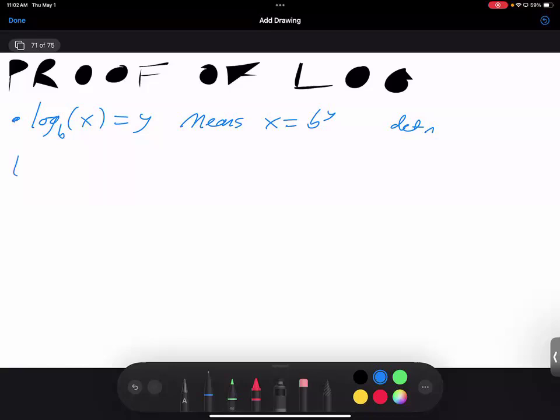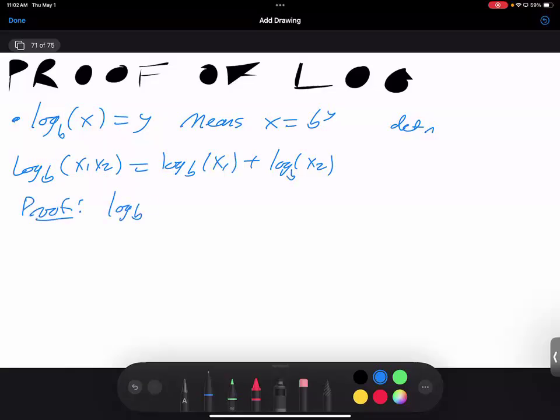So we have the log base b of x1 x2 is the log base b of x1 plus the log base b of x2. And the proof is if the log base b of xk equals yk, that means xk is b to the yk. So if I look at x1 times x2, that's going to be b to the y1 times b to the y2.